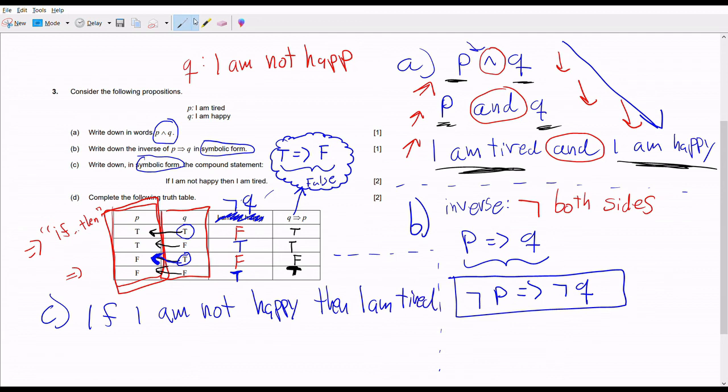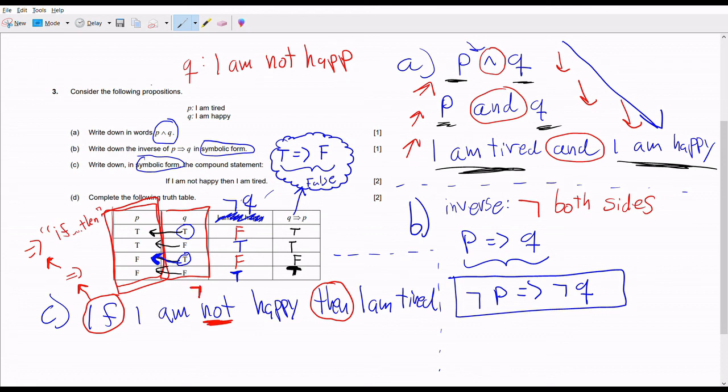The first thing we want to do is look for keywords. So here at the beginning I have an if. If I have an if, I immediately need to think of an implication, because an implication is always going to be with the words if followed by a then. So here is the if, and later on here is the then. The other keyword is not. When we see a not, we immediately need to think of this symbol right here.